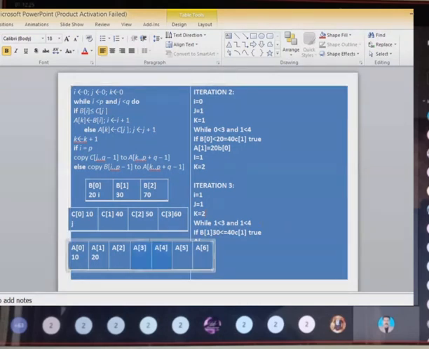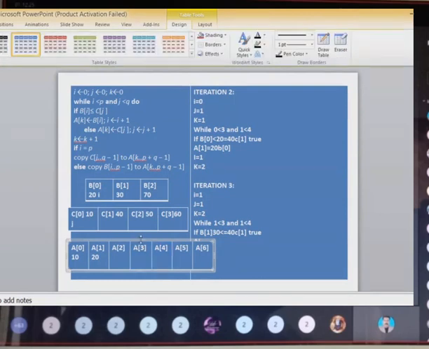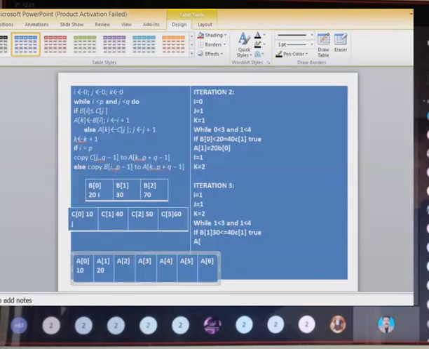Now condition true, A of 2 equivalent to B of 1. Now what is B of 1?